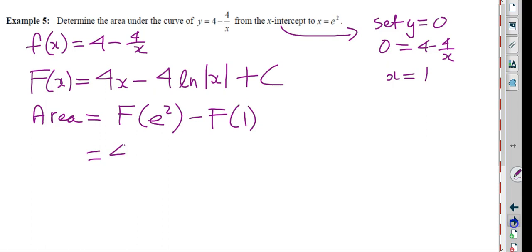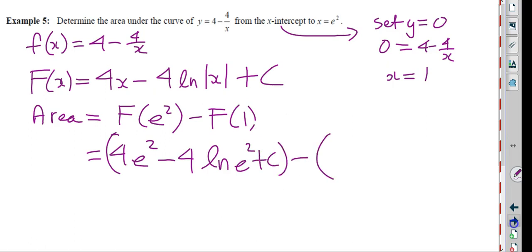Okay, what do we got? 4e squared minus 4 ln. I can remove the absolute value because e squared is positive, right? ln e squared plus c, minus F of 1, which is going to be 4 minus 4 ln 1 plus c.